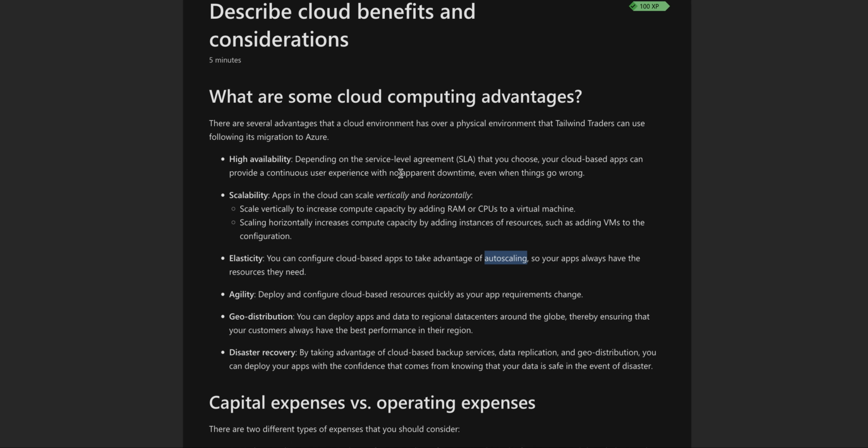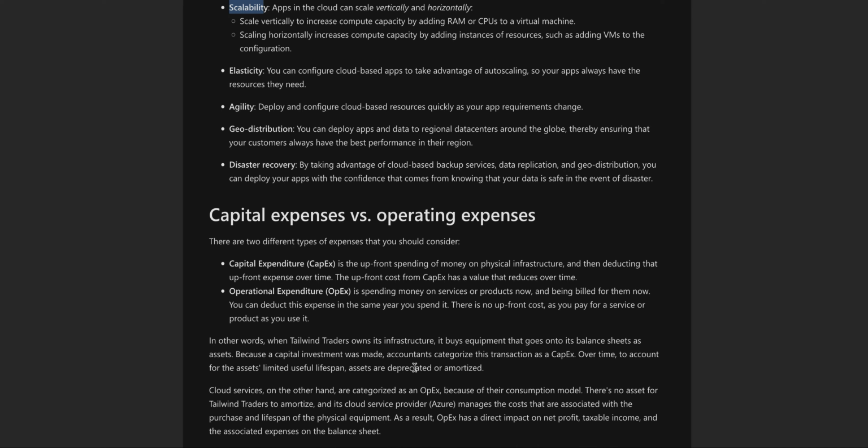So these concepts will be described in more detail later on, and obviously we need to know them for the 104 exam if you're going to take it, especially disaster recovery and scalability.